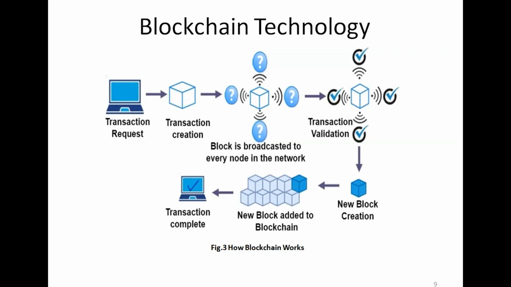After that, each and every node will validate the transaction, and if all the nodes agree, a new block will be created. That new block will be added to the already created blockchain, and then the transaction will be complete.